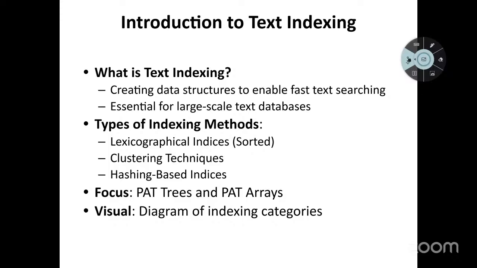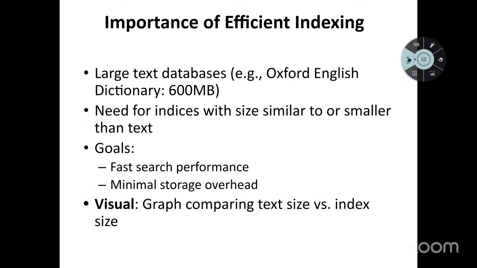So the first one is lexicographical indices for sorted. Second one is classical index. So these are the types of methods you will see in text format as well. On the internet, you see these three, right? So it focuses on our pad trees and pad arrays so far.